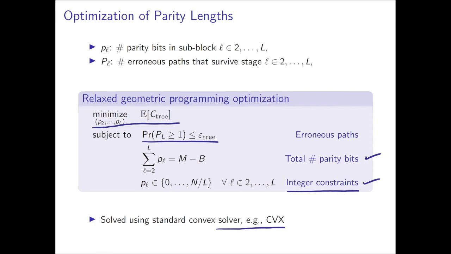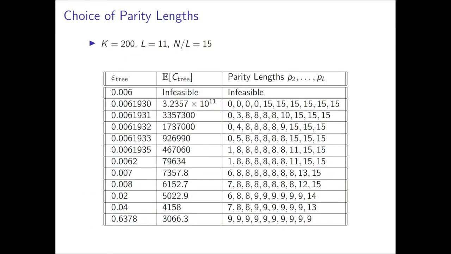On this slide, we show the nature of the parity allocation. The leftmost column represents the probability that an erroneous path survives the process. The middle column is the expected complexity, and the rightmost column is the optimal allocation for the parameters given.